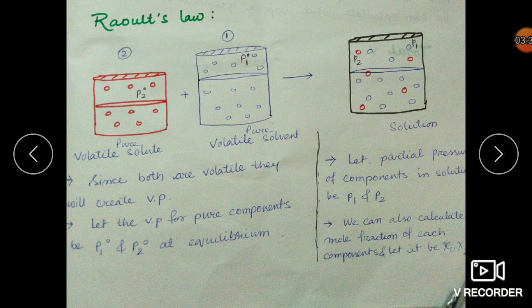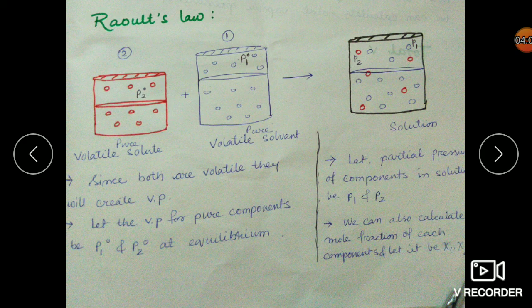Same way we'll take the solute. So we have taken some pure volatile solute. The vapor pressure for this solute we have considered to be P2, and since it is for the pure state, it will be P2 naught. So P2 naught is the vapor pressure of the pure solute, right? Here you see two points: since both are volatile, they will create vapor pressure.